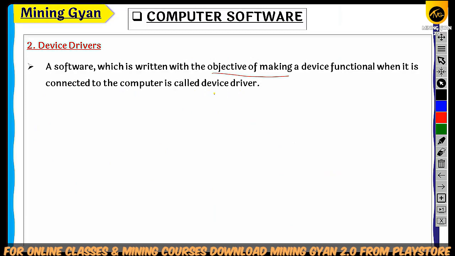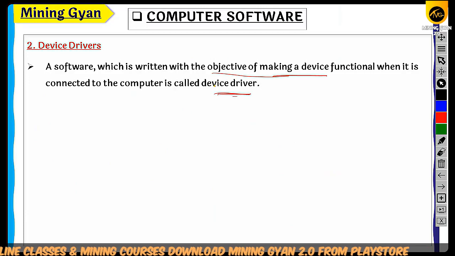Any device is made for a particular function. So the device driver can operate those devices which are especially written for special types of objectives. Okay, so these are called the drivers, which belong to the software.